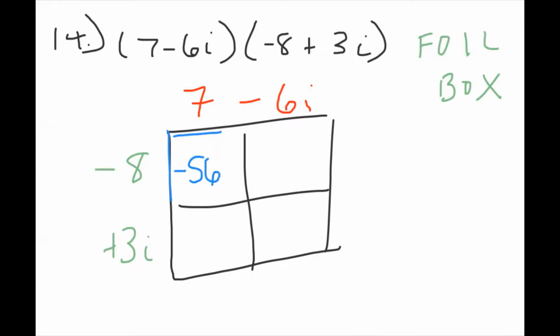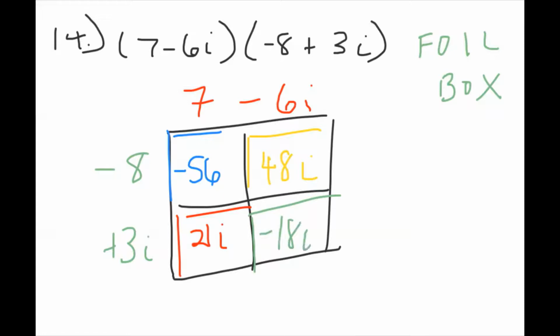And then we've got -8 times -6i, which gives me a positive 48i. And then we've got 3i times 7, which gives me 21i. And then last but not least, we got 3i times -6i, which gives me -18i squared.